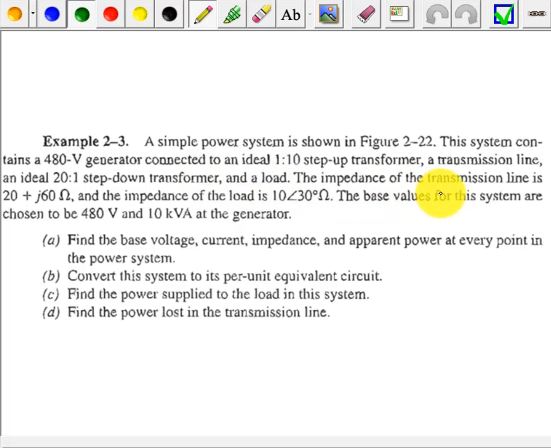The impedance of the transmission line is 20 plus j60 ohm, and the impedance of the load is 10 angle 30 degree ohm. The base values for this system are chosen to be 480 volt and 10 kVA at the generator. Now find the base voltage, current, impedance, and apparent power at every point in the power system.